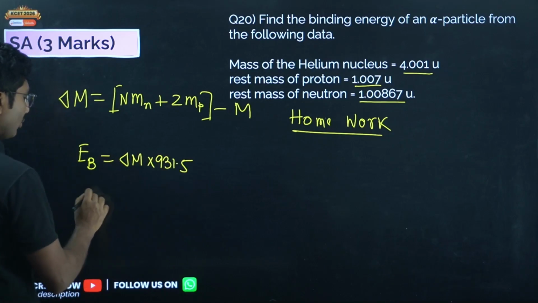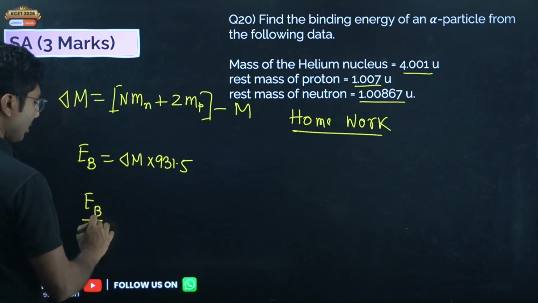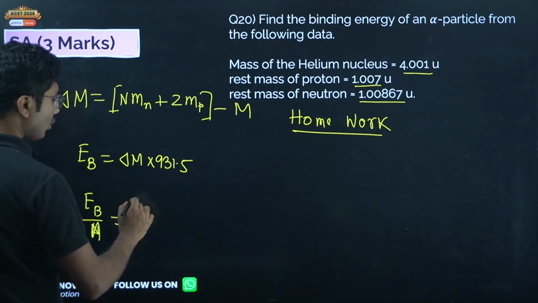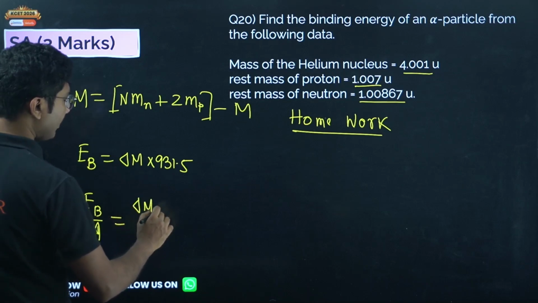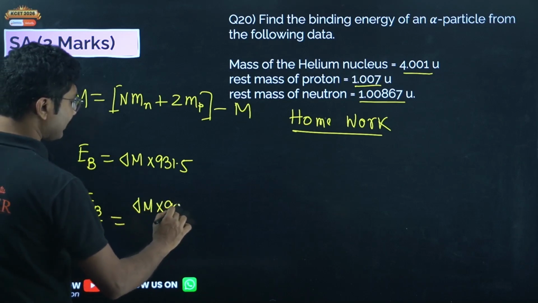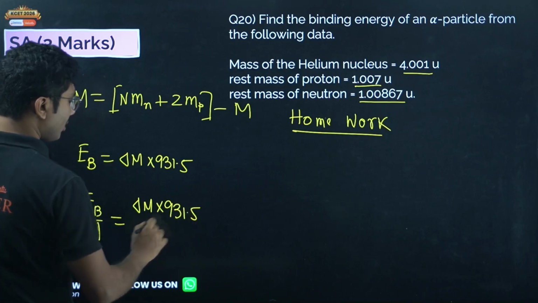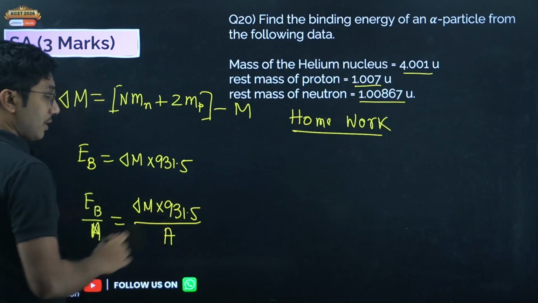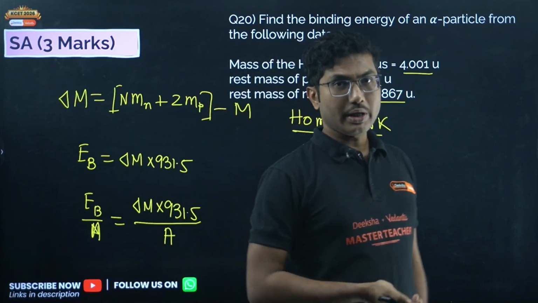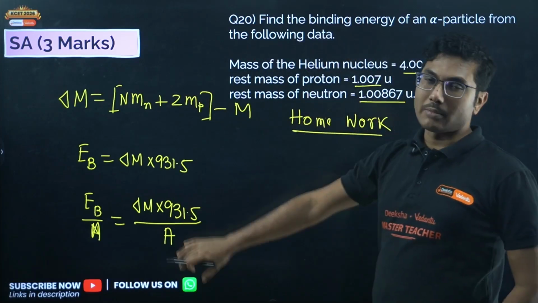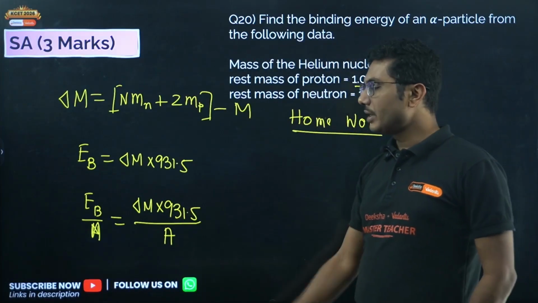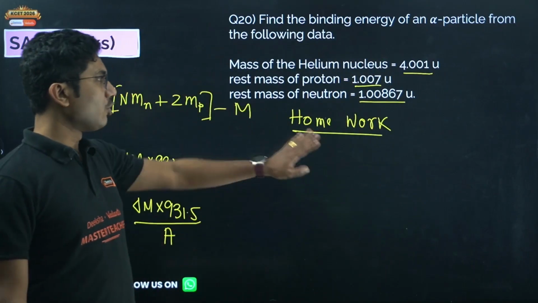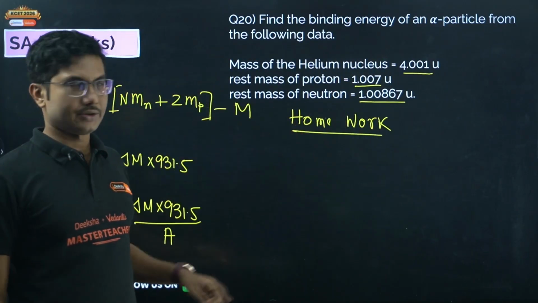If they ask for binding energy per nucleon, you have to divide it by the total number of nucleons. For example, for alpha particle the nucleon number is 4. For nitrogen-14 the number of nucleons is 14. So remember to divide by the total mass number, then you will get the binding energy per nucleon. This is homework. Solve it and let me know the answer.